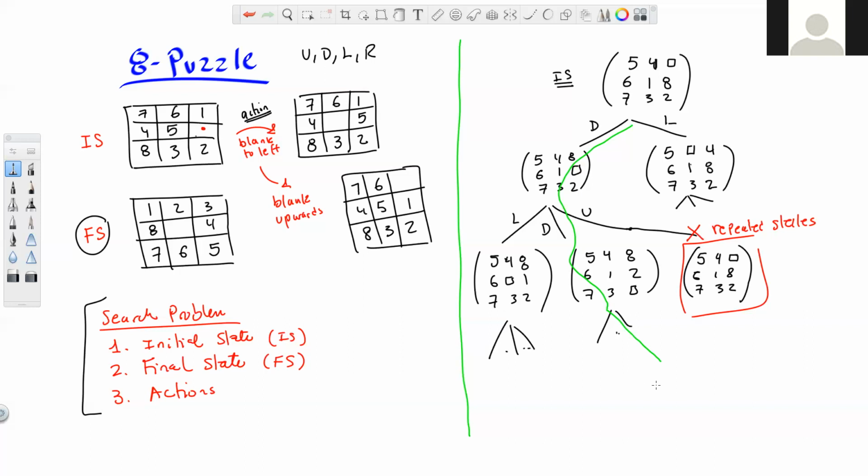Okay, so what I'm interested in is basically a path in this search tree where I will end up having the final state. Those paths are of interest because each one of them represents a solution to the problem, one way of solving the problem, because that path identifies a sequence of actions that will take me from the initial state to the final state.